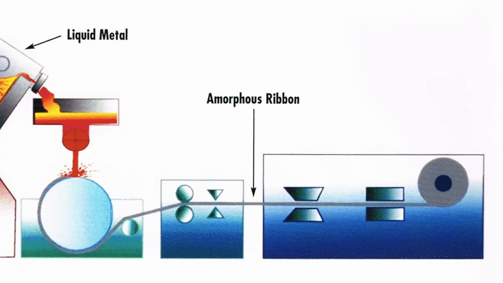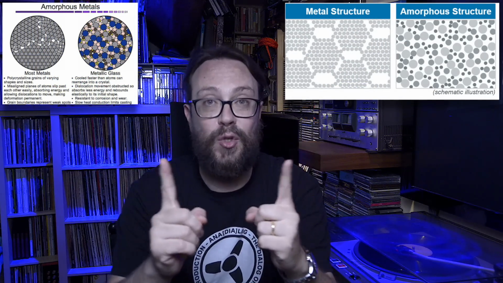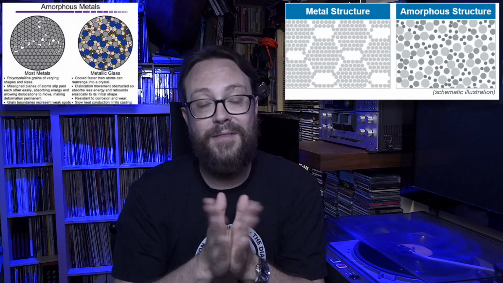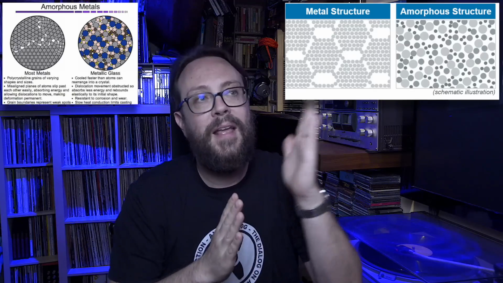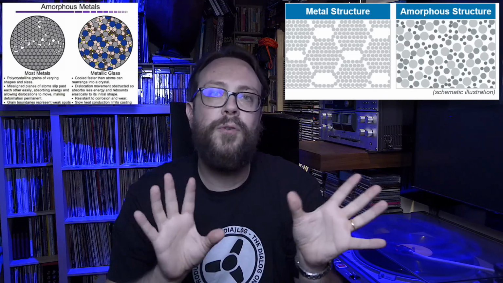Doing this, the molecules are suddenly and immediately freezed. Okay, so the metal or the alloy does not have the time to reposition itself in crystals. That is why it's called amorphous. In fact, no shape. Here, as you can see in a few images, you can see the structure.